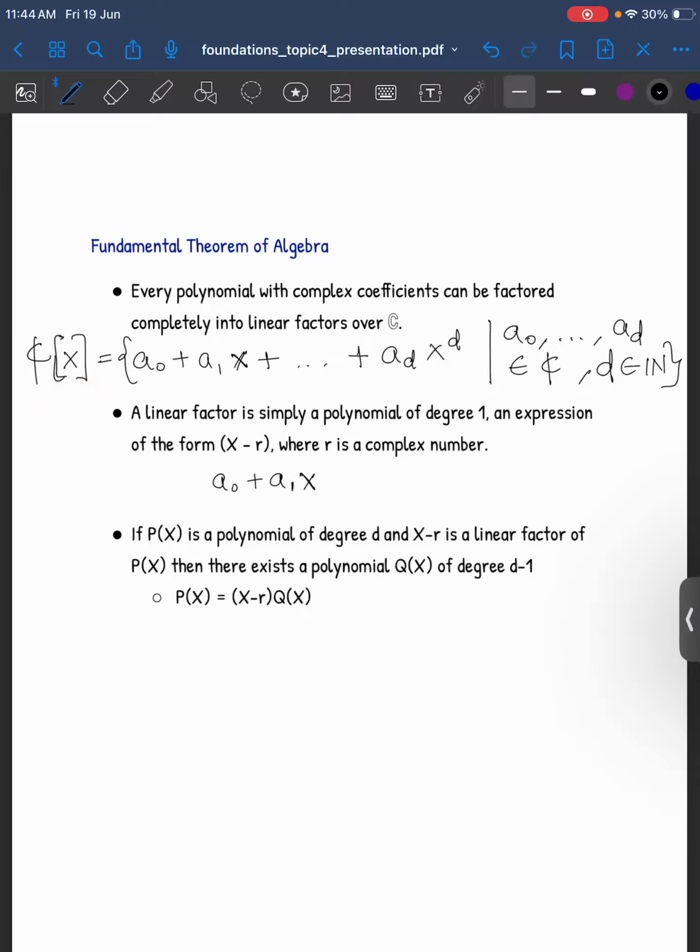The fundamental theorem of algebra implies that p of x, say p of x is a degree d polynomial, has a linear factor of the form say a0 plus a1x. And having a linear factor implies that there is a polynomial q of x of degree d minus 1, such that p of x can be written as a0 plus a1x times q of x.